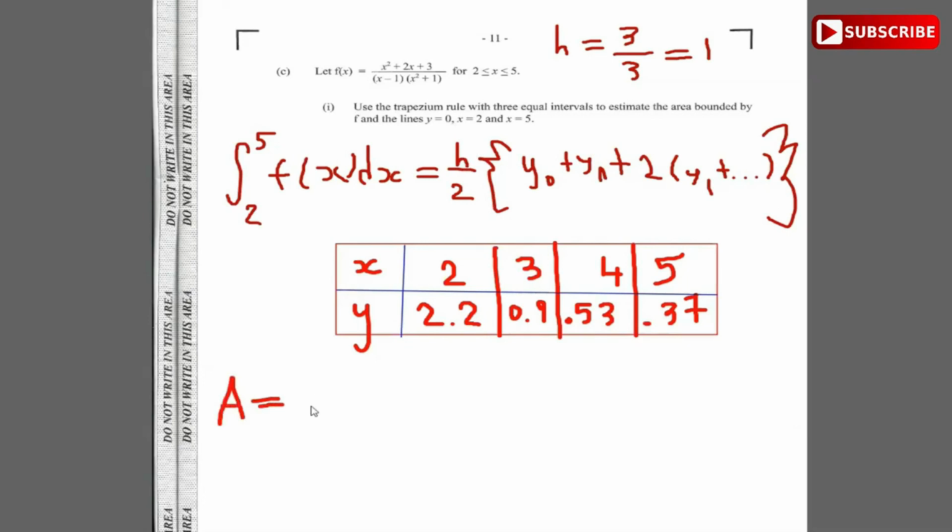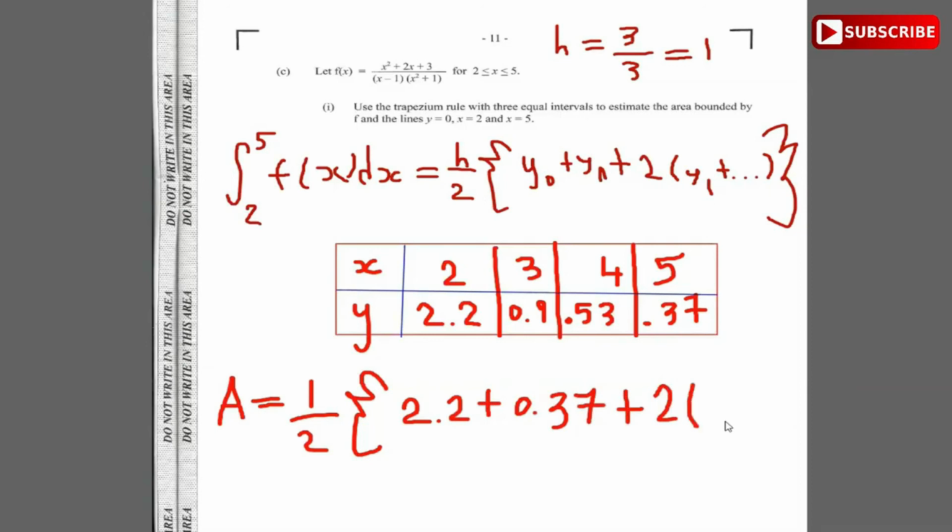And so using trapezium rule to evaluate the area is going to be equal to h over 2. H is 1, so it's 1 over 2 into y naught, the first y value of 2.2, plus yn, which is 0.37, plus 2 times 0.9 plus 0.53. So when I work this out, that will give me the area.